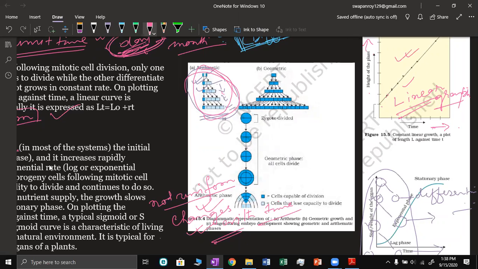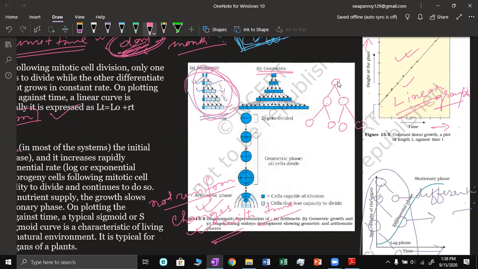But in case of geometric growth, this situation is different. Each cell divides. This one cell divides into two. Both have the capacity of division, and they will divide.